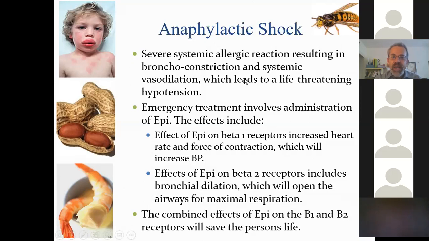If our blood pressure drops, what we call hypotension, epinephrine will increase the heart rate. Don't worry right now about these beta 1 and beta 2 receptors. Just know that epi will stimulate the heart rate and dilate the bronchioles, which will improve the symptoms associated with anaphylactic shock.